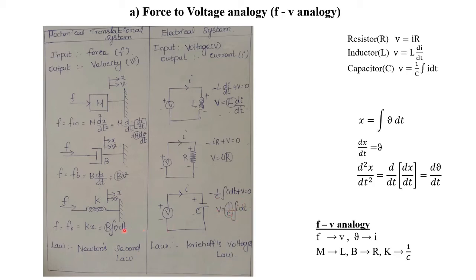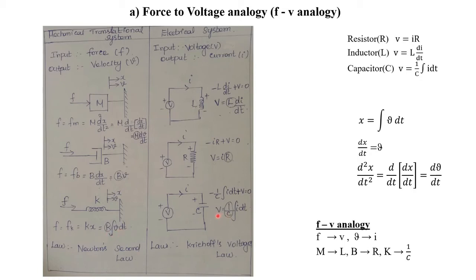Now these two equations are in the similar form. Here also we have integration, and here also we have an integration. On the left side, the input force F will be equal to k into integral of the output velocity.